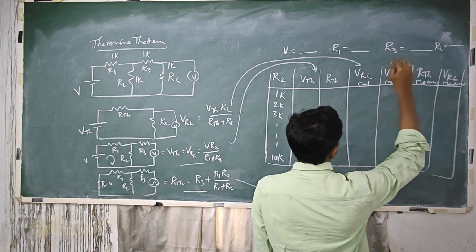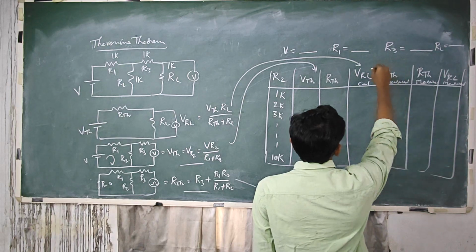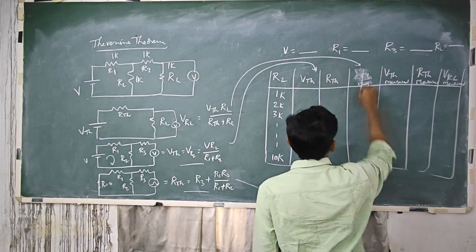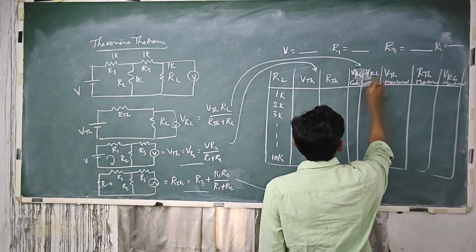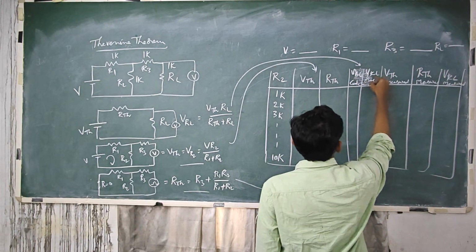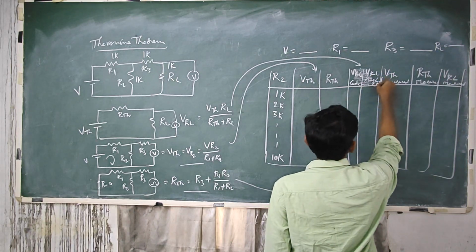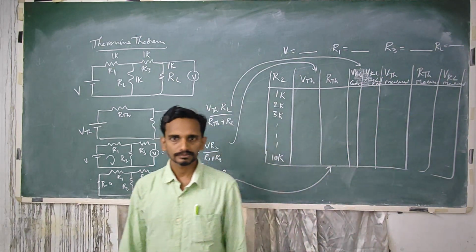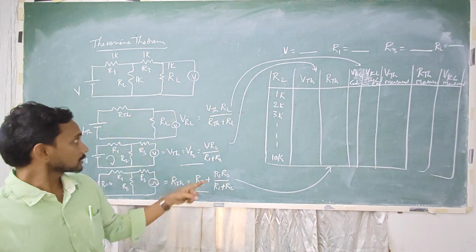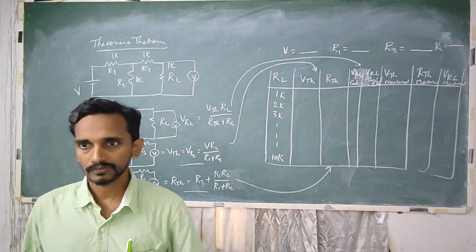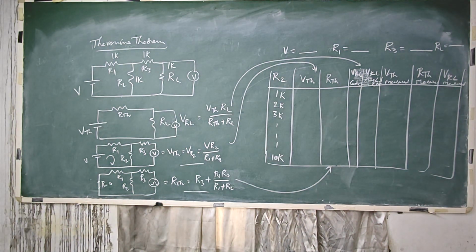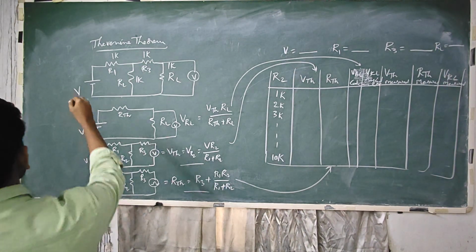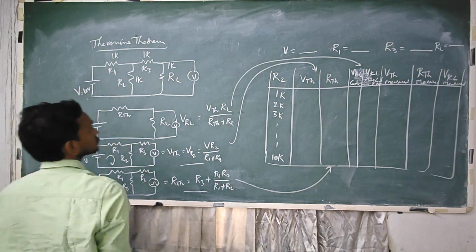So VRL calculated, and maybe one more thing, VRL from original circuit, VRL from equivalent circuit, Thevenin equivalent. So here V is 10 volts.